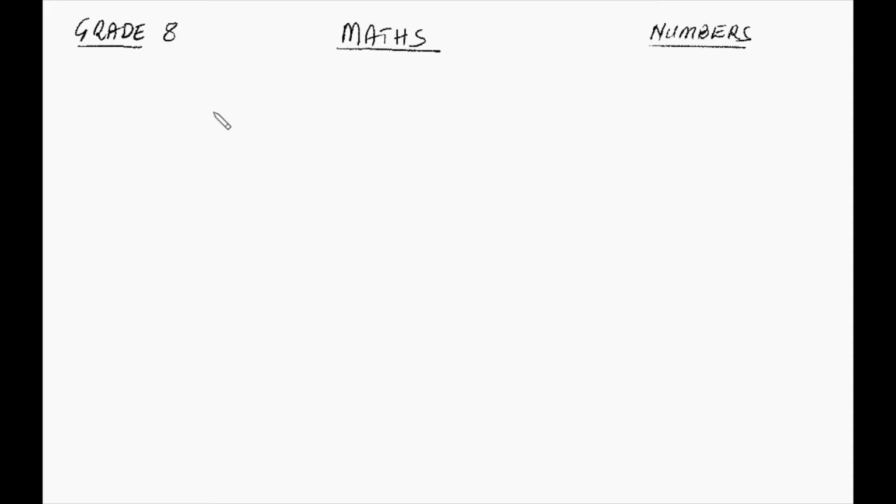We are doing grade 8 mathematics, and the topic is numbers. In this presentation, we are going to identify odd numbers, even numbers, prime numbers, multiples, factors, squares, and cubes in natural numbers.